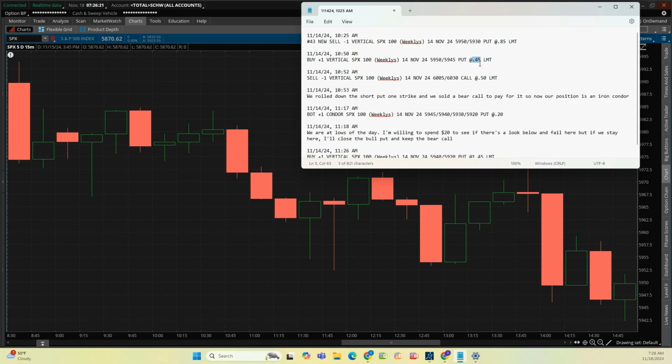But I was able to pay for that 45 cents by selling a bear call. There was resistance up around 6,000. So on this trade, I sold a 6,005/6,030 bear call for 50 cents. I also explained that in the text alert right here, to say what I did with these two trades: rolling the short put down one strike, selling a bear call to pay for it.